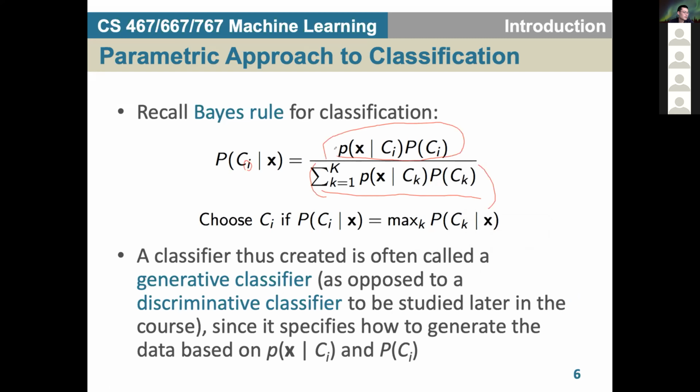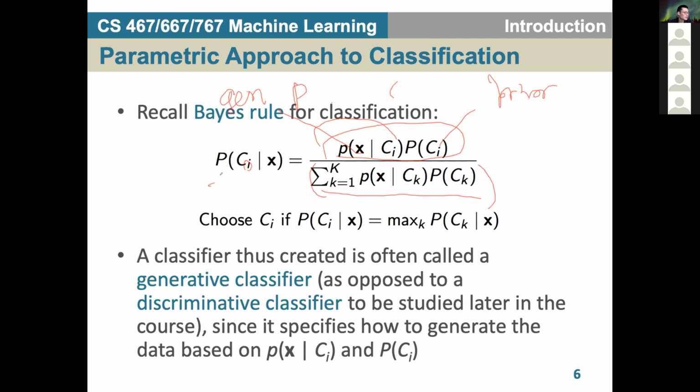So this is what we call the prior, and this is the generative probability. If you truly belong to C1, what's the probability to generate X?